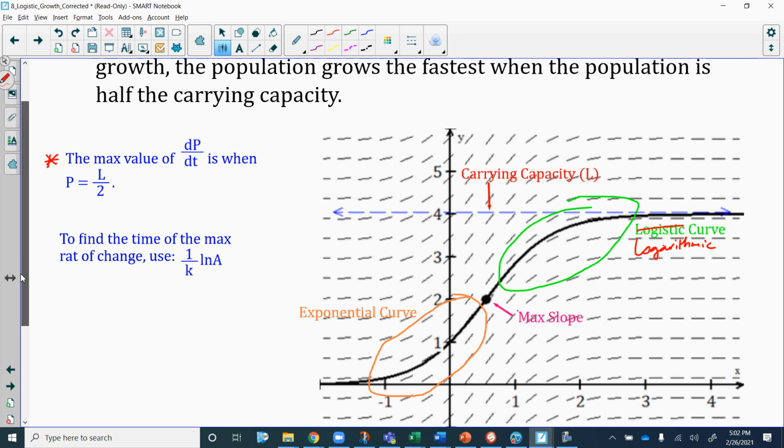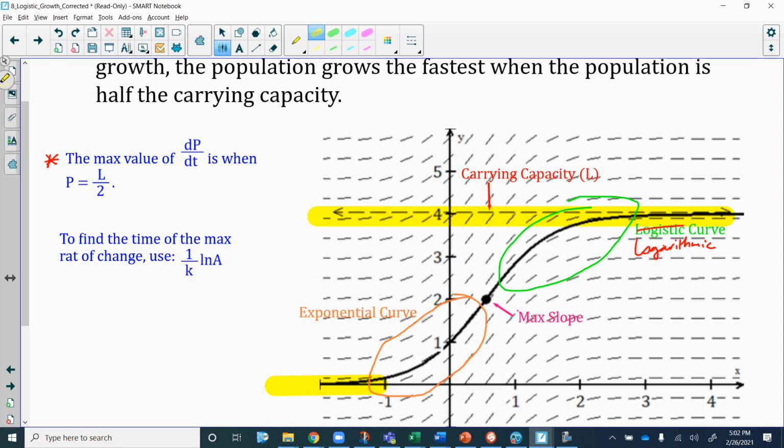Well, the slopes are small around the carrying capacity. Around here, we generally have slopes that are small, not so much at P equal to 0, but we're also going to have relative slopes that are small whenever P is going towards 0, kind of like that.